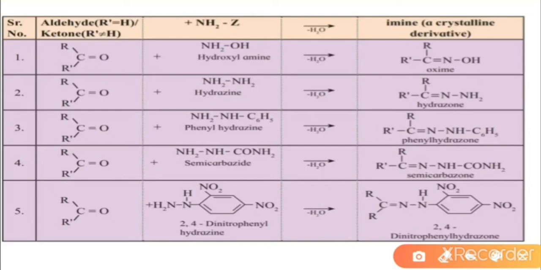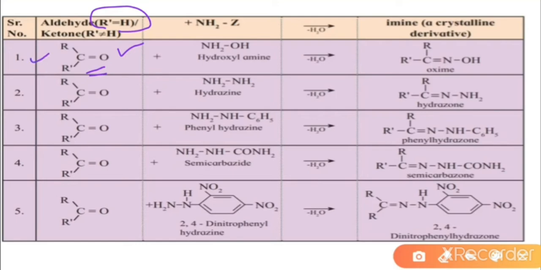Nucleophilic addition-elimination reactions of aldehydes and ketones with ammonia derivatives. This is ketone or aldehyde: if alkyl group R' is equal to H, then this is aldehyde. If R' is not equal to hydrogen, this is ketone.